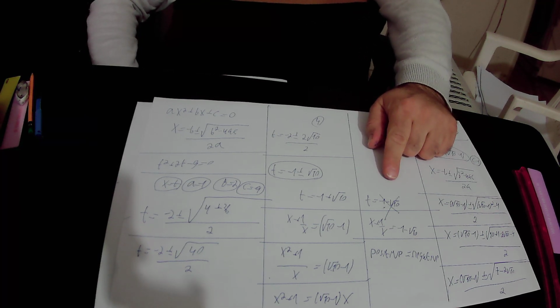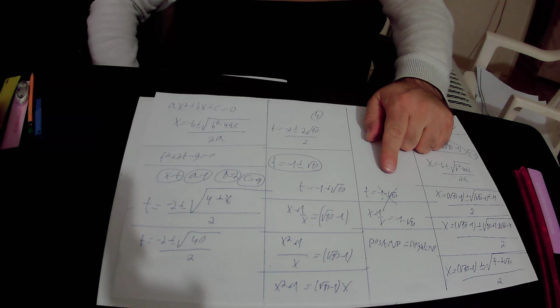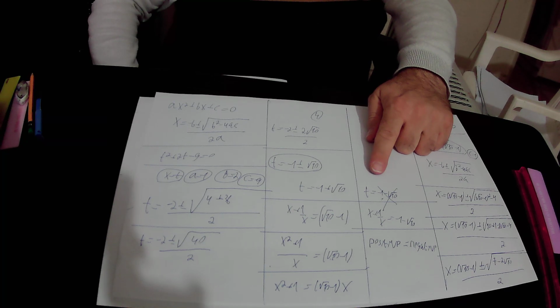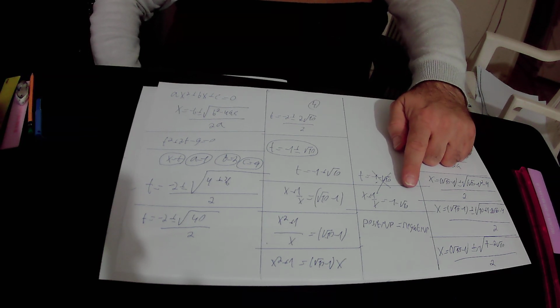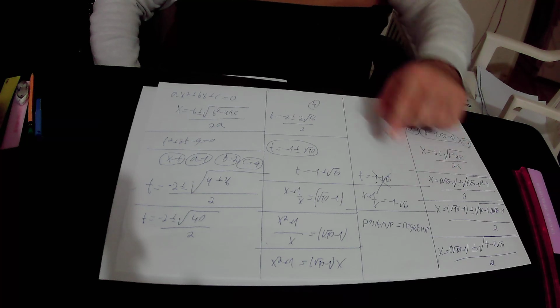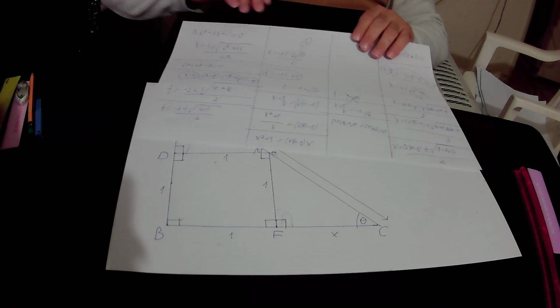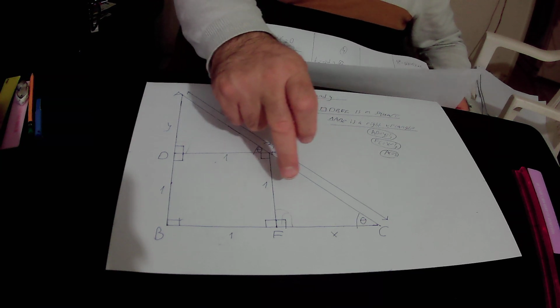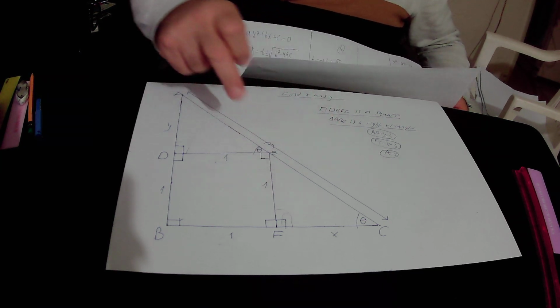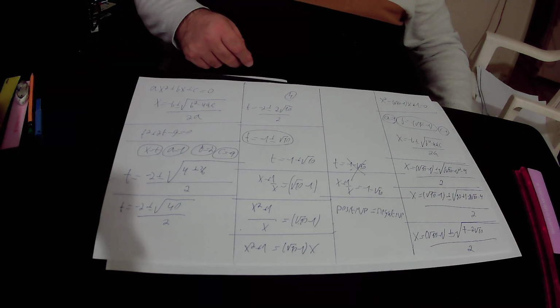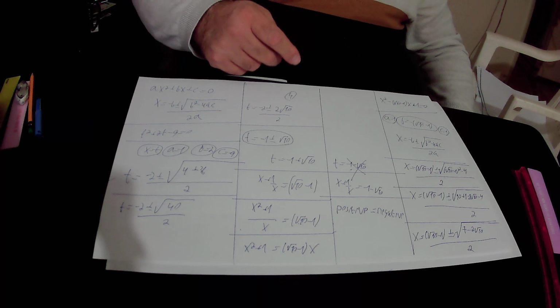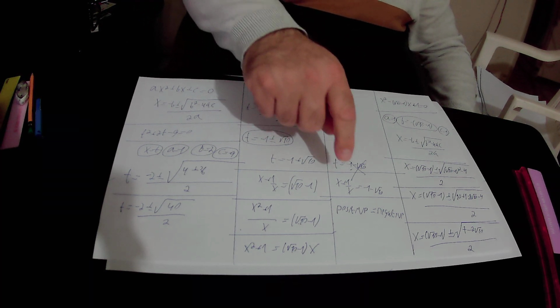So we focused on the second solution for t. The second solution, t according to our definition is x plus 1 over x, and x plus 1 over x according to the second solution must be equal to minus 1 minus square root of 10. But x is the length of one side of the right triangle EFC, therefore it must be a positive number, and 1 over x also must be a positive number, therefore x plus 1 over x must be a positive number.